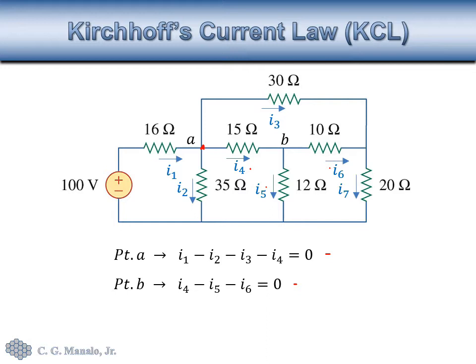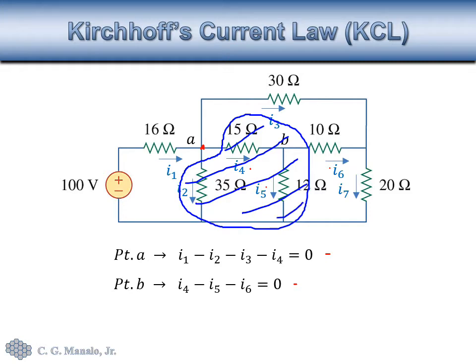If I take, for example, this boundary here, and consider this to be a closed boundary, I can say that the currents entering and leaving this closed boundary must also equal 0. So what are these currents? Take note that this is also I sub 4.